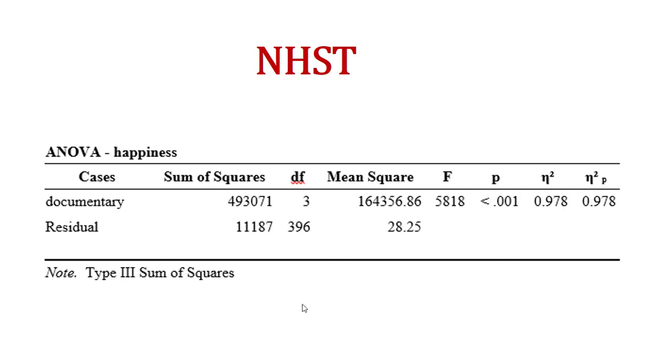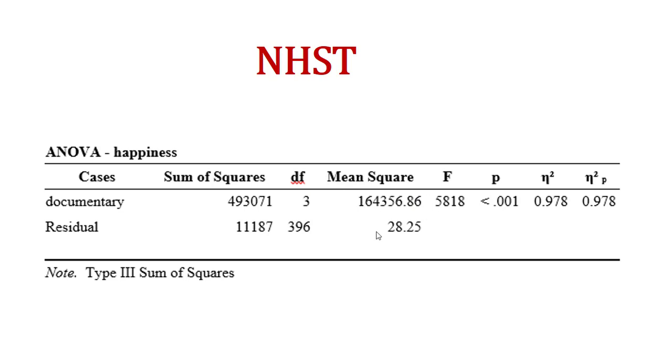Okay, so basically here we have, for the model, the sum of squares of the model, degrees of freedom of the model, and the mean square of the model, and the same for the residuals: sum of squares, degrees of freedom, and mean square.